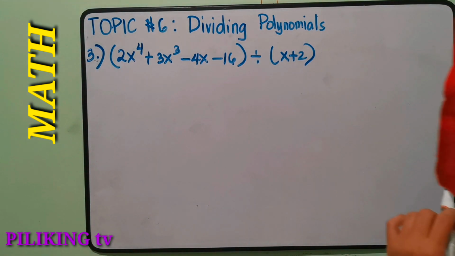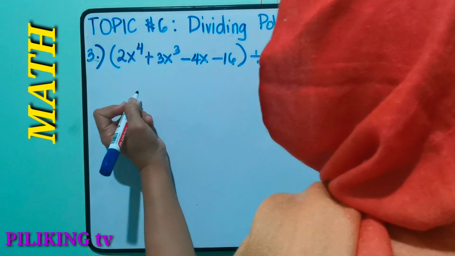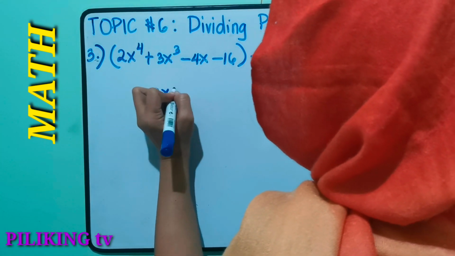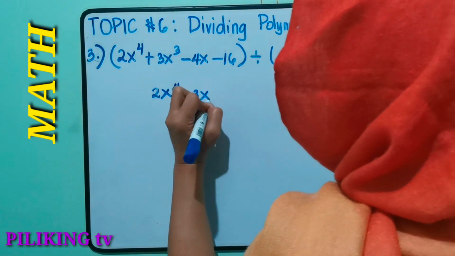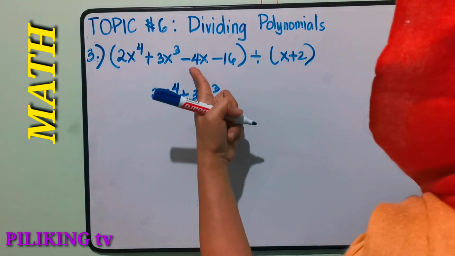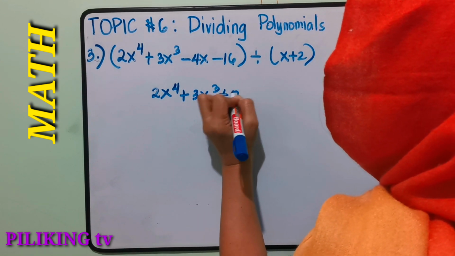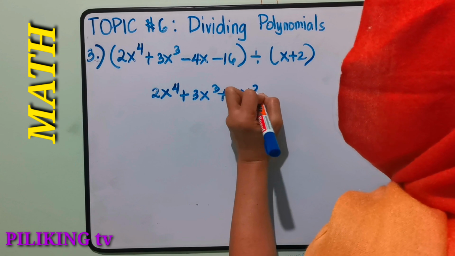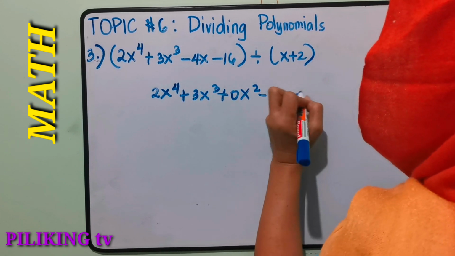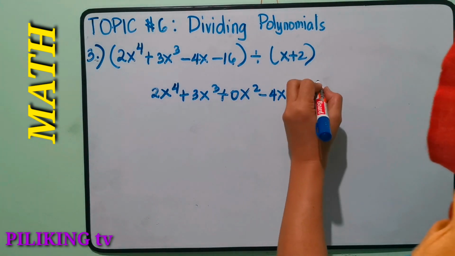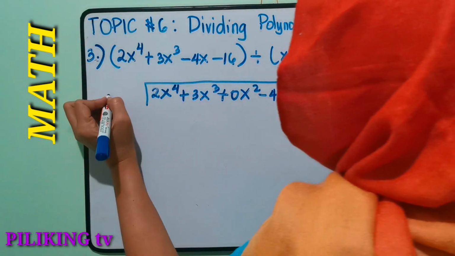So in that case, we can now rewrite 2x raised to 4. Then we have plus 3x raised to 3. Since we do not have x squared, let us use 0. So plus 0 x squared. Then we have negative 4x. Then negative 16. Then you divide it by x plus 2.